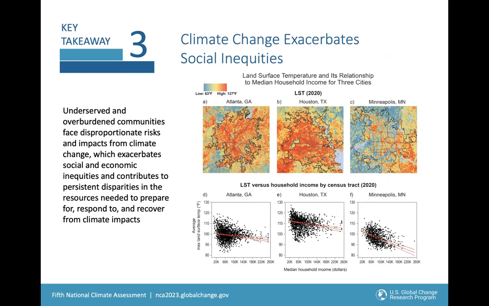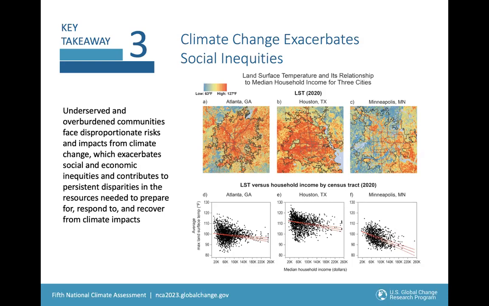The assessment notes that some communities that are already overburdened by environmental risks experience higher risks from climate impacts due to the cumulative effects of social and economic inequities caused by ongoing systemic discrimination, exclusion, and under or disinvestment. Low-income communities and communities of color often lack access to adequate flood infrastructure, green spaces, safe housing, and other resources that help protect people from climate impacts.